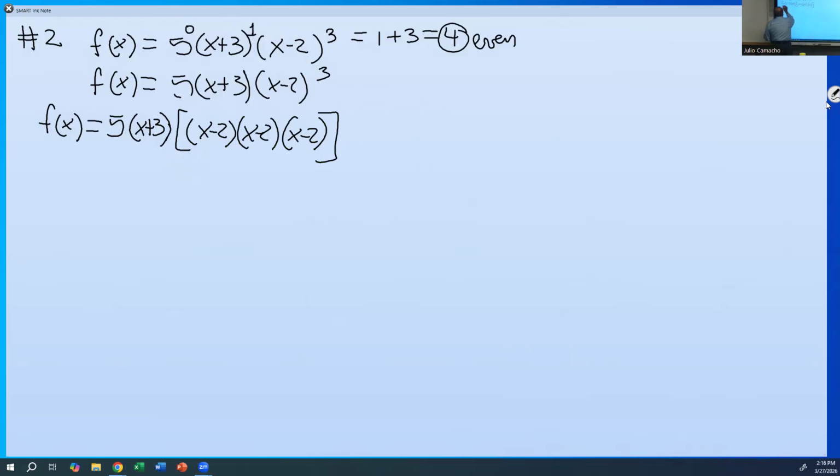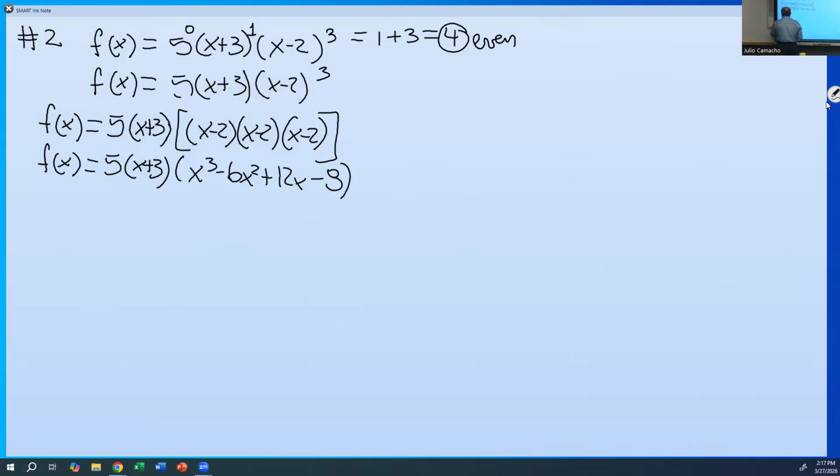And if we do that, we have that f of x is equal to... I encourage you to do the multiplication, but for the sake of time, I will go straight to the answer. The answer is a polynomial: x cubed minus 6x squared plus 12x minus 8.